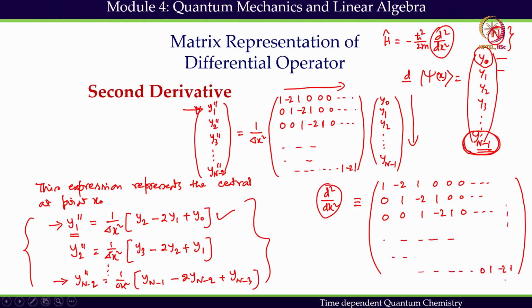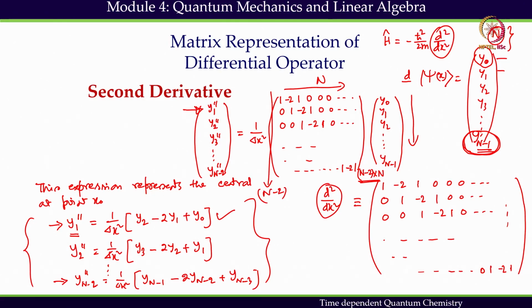So what we get, the dimension of this matrix, is n minus 2 by n. So I have n minus 2 number of rows and n number of columns in this matrix.